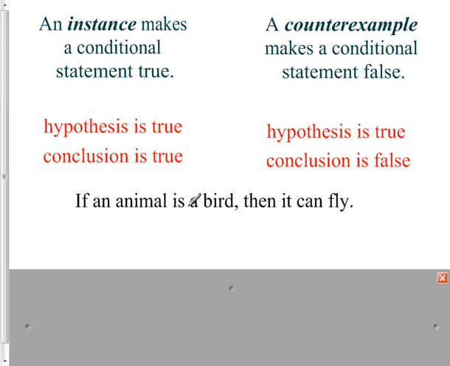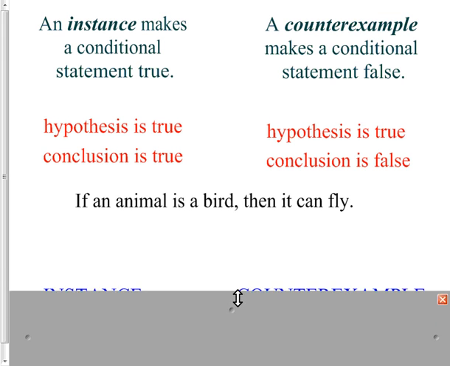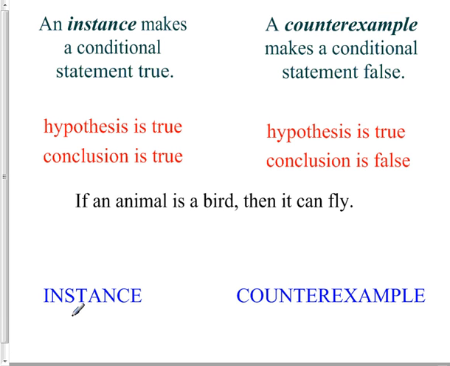So if an animal is a bird, then it can fly. So what would be an instance of this? So a bird, let's say something that's a bird that can fly, well, I mean, that's pretty much everything. Let's say a duck. A duck is a bird, true, and a duck can fly, true.